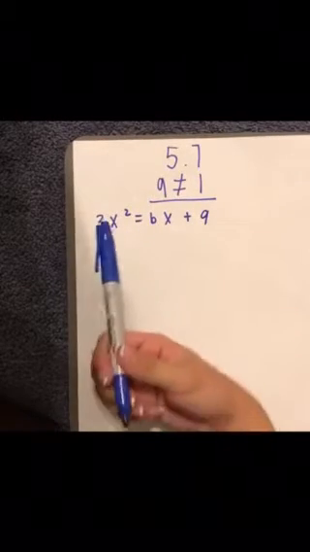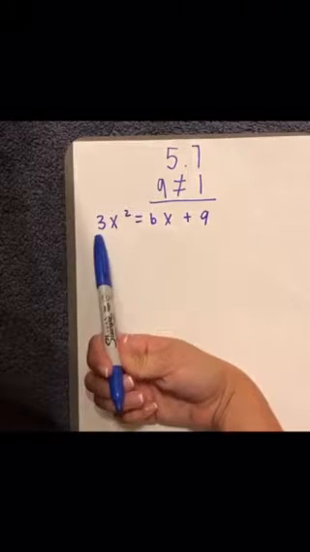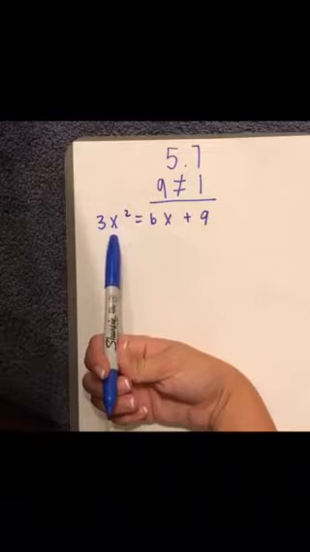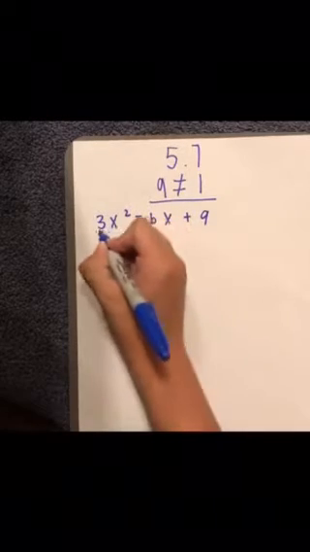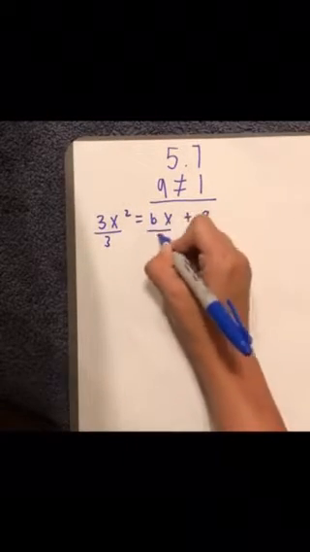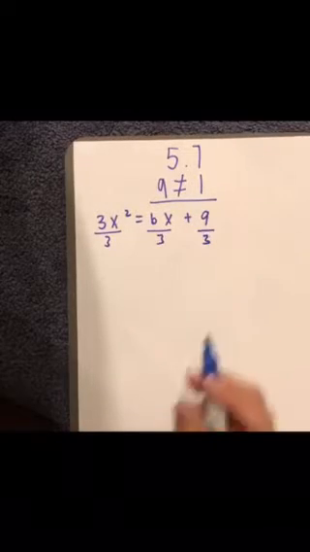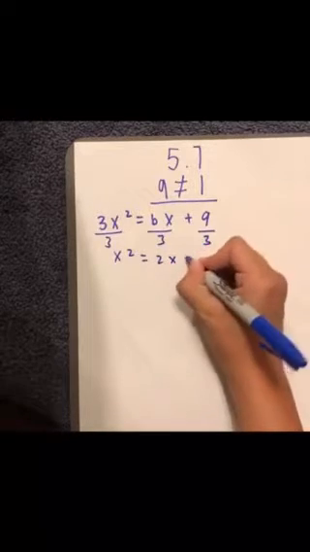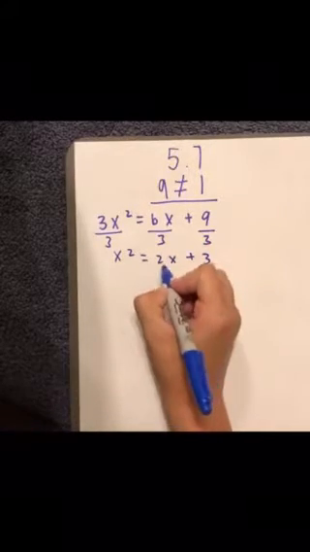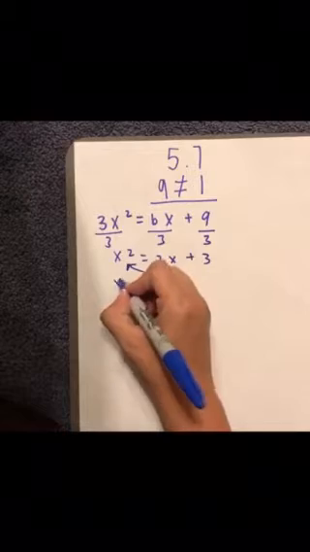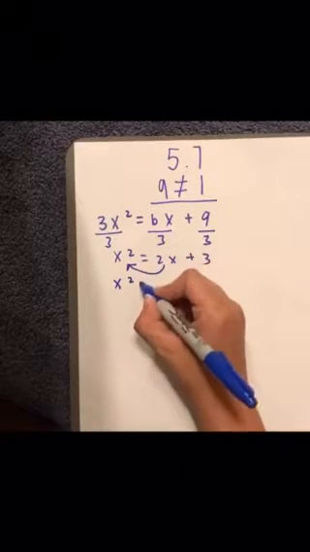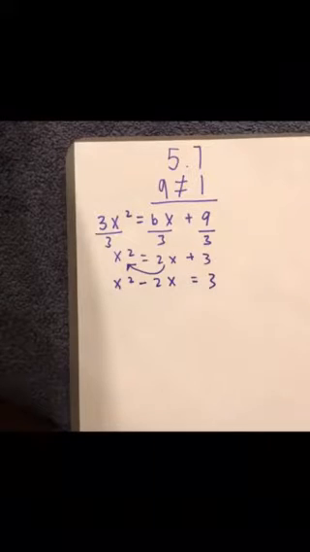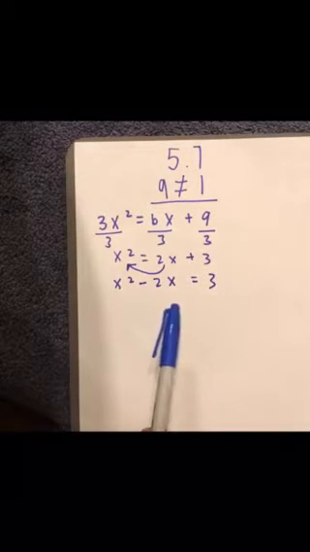As you can see, there is a 3 in front of x squared, and we can't solve this equation until we get x squared to have a coefficient of 1. So we divide each term by 3. So we get x squared equals 2x plus 3. And we're going to put 2x on this side so we can get the equation in the right order: x squared minus 2x equals 3.